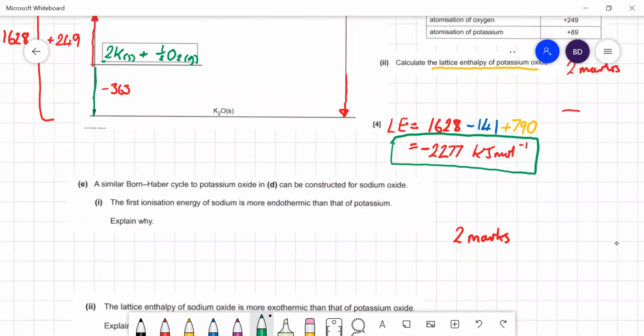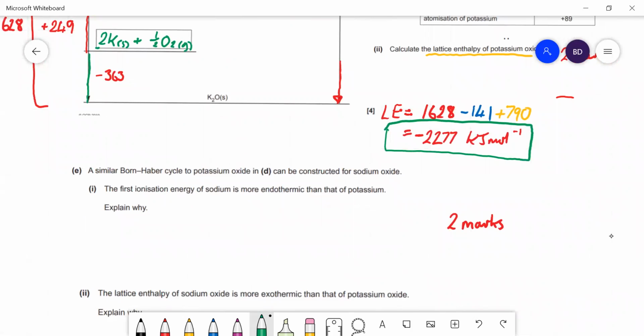Okay, you can construct a similar Born-Haber cycle to potassium oxide for sodium oxide. The first ionization energy of sodium is more endothermic than that of potassium. In other words, it's harder to remove an electron from sodium than from potassium. Why? Right, it's because with sodium, you are removing it from the 3s orbital, which is closer to the nucleus, and I would say you've got less shielding also.